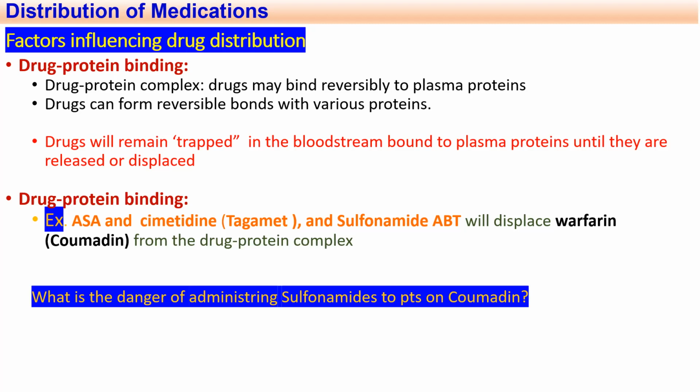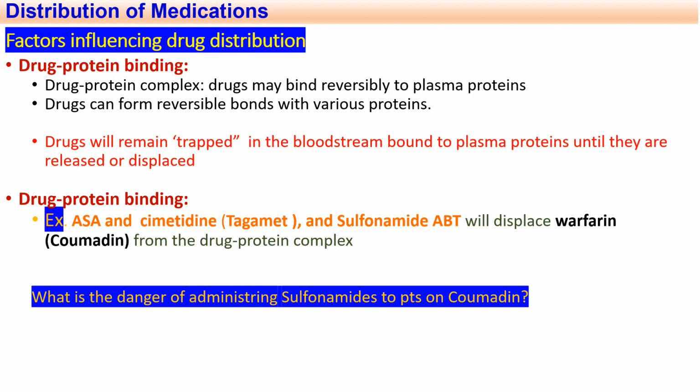Other examples: aspirin and Tagamet, sulfonamide antibiotic will displace warfarin, Coumadin. So aspirin, Tagamet (cimetidine), or sulfonamide, which is an antibiotic, these medications will displace warfarin or Coumadin from the drug protein complex, or protein binding sites, and that will increase the blood levels of warfarin because they are going to displace the warfarin molecules.